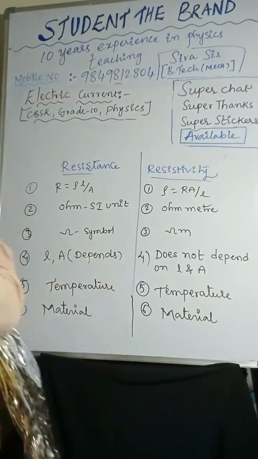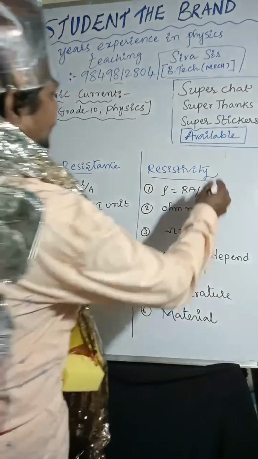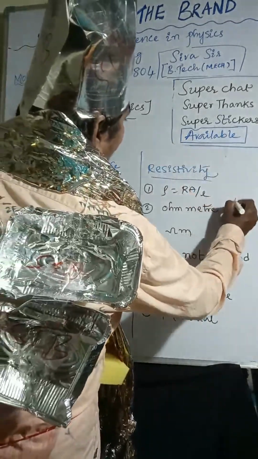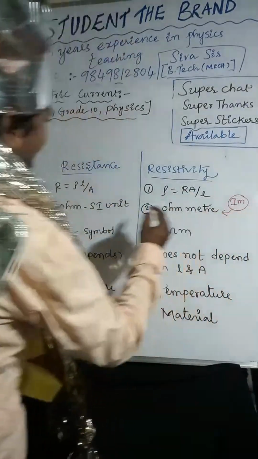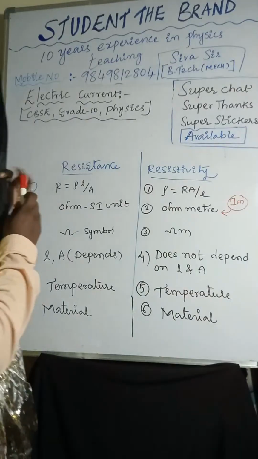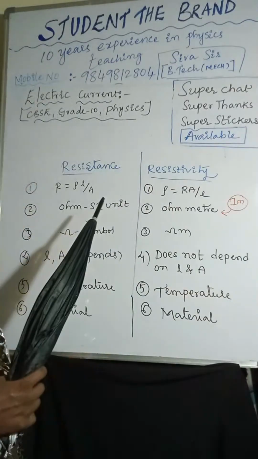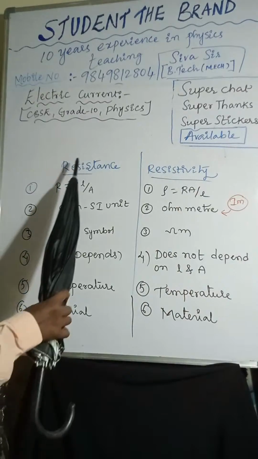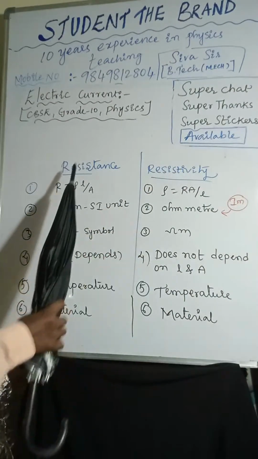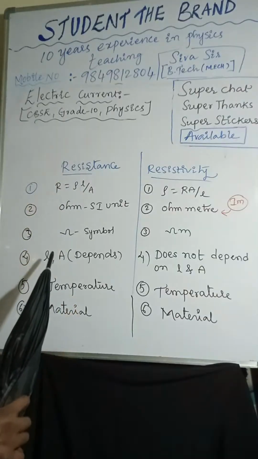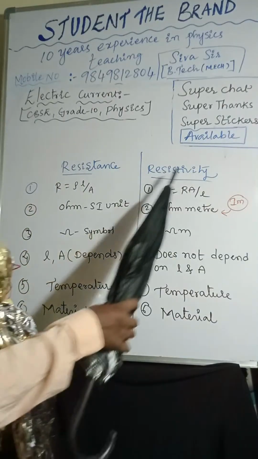They may ask the derivation of resistivity. 1 mark they may give for the SI unit of resistivity, ohm meter. Resistance symbol is ohm, resistivity symbol is ohm meter. Resistance depends on length and area, resistivity does not.